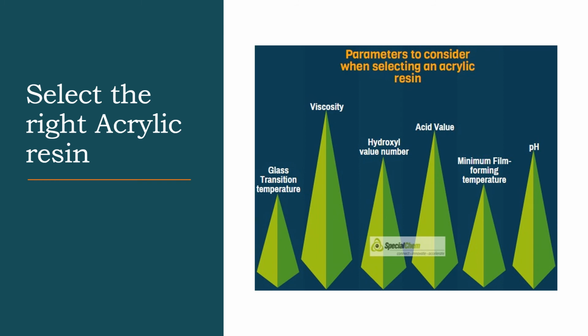For example, if you are adding zinc in your formulation and your resin has COOH, meaning carboxylic groups, then the COOH group has a negative charge and zinc has a positive charge, so they can react easily and will form agglomerates and grit. So with this value you can identify the reactivity of your resin.